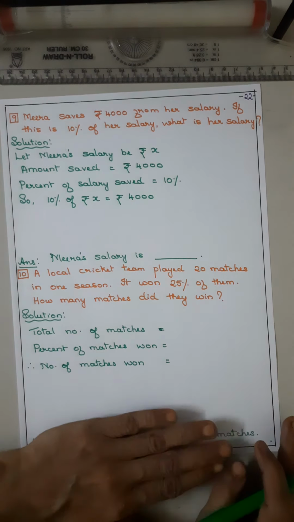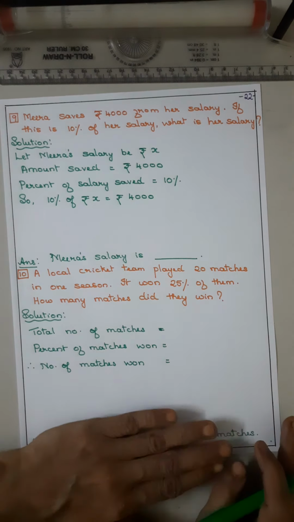4,000. So the percent of salary saved they have told is 10%. That means what will the equation be? 10% of X total is equal to 4,000. So the percent of salary saved is 10%, and the amount of salary saved is 4,000. Total is not known. Let it be X. So 10% of X is 4,000. Hope you are understanding. Okay, now you find 10/100 into X is equal to 4,000.